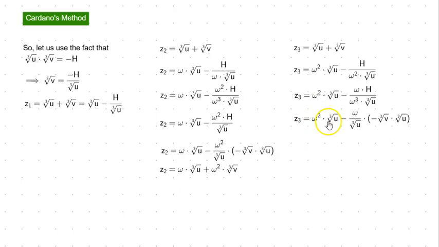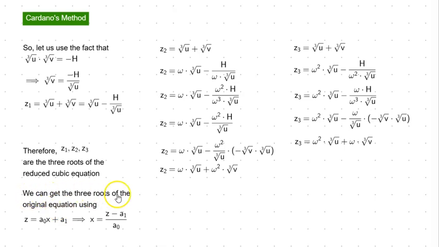And we have omega square times cube root of u minus omega divided by cube root of u, and we do the substitution for h, that is minus cube root of v times cube root of u. Cube root of u cancels, minus minus is plus, so we get z sub 3 is equal to omega square times cube root of u plus omega times cube root of v. So we have got the three roots of the depressed cubic.